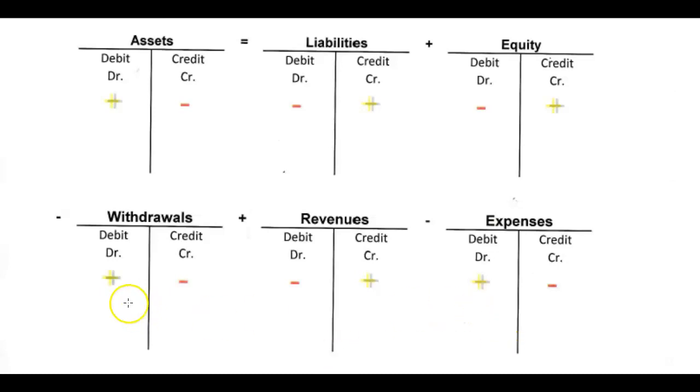Those are debits. Increases in expenses, increases in withdrawals are debits, and they're eventually going to get closed into equity, which is going to be a debit, and that's going to reduce your equity from the money that you've taken out. Anyway, this is a quick look at T accounts, and I hope it helps.